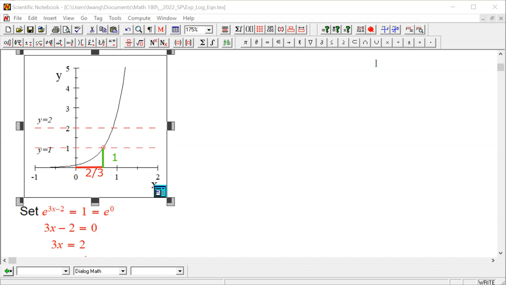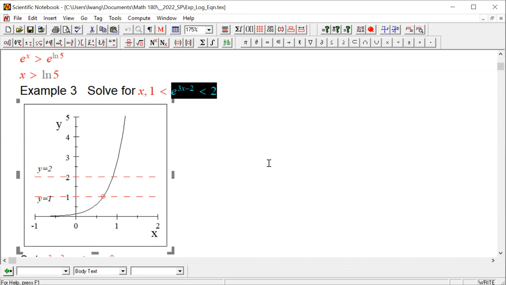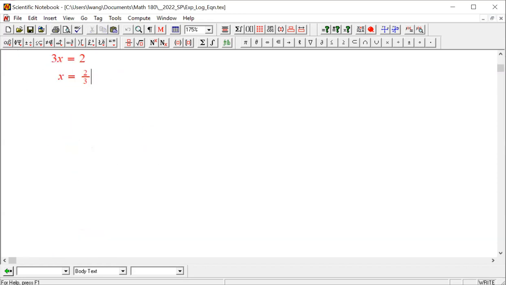To find the next point, we set e to the power 3x minus 2 equals 2, to identify that point. I'll show you the algebraic way to do it.